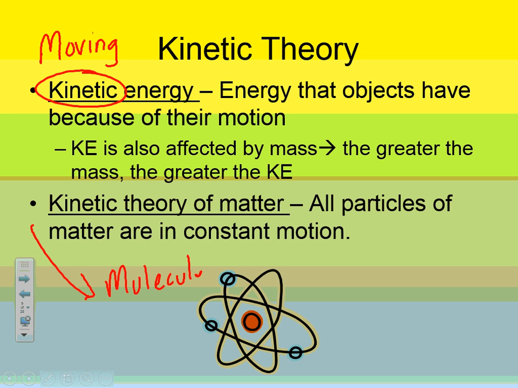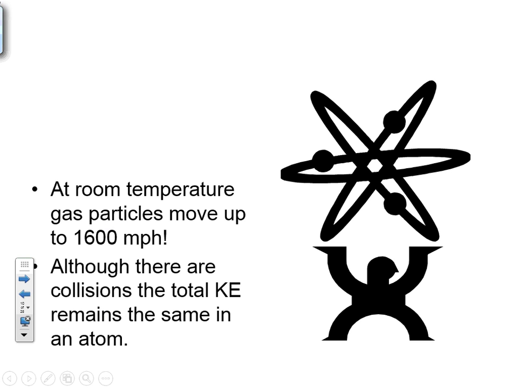They never stop moving. If they stop moving, we're going to have huge problems. And we'll talk about whether they can stop later. So kinetic means moving, and kinetic theory means molecules are always moving.